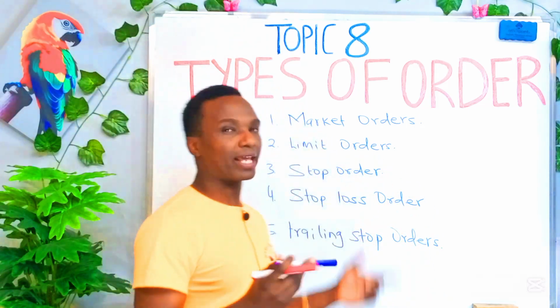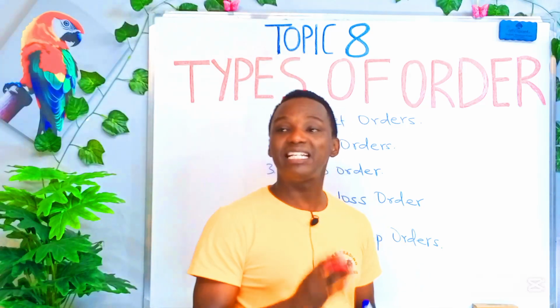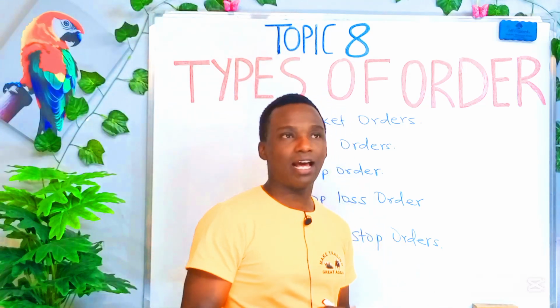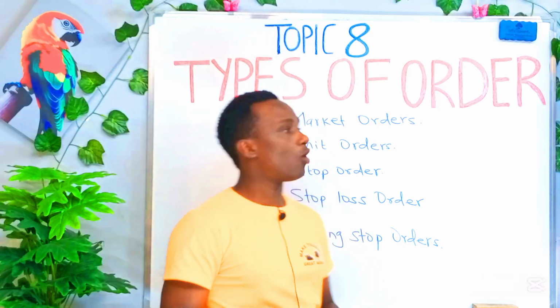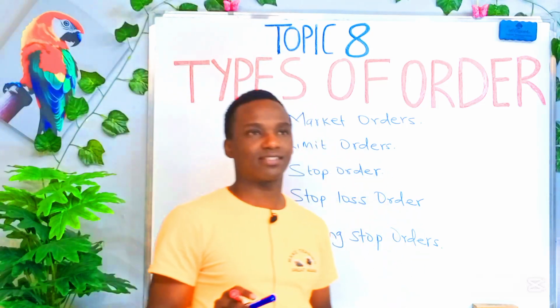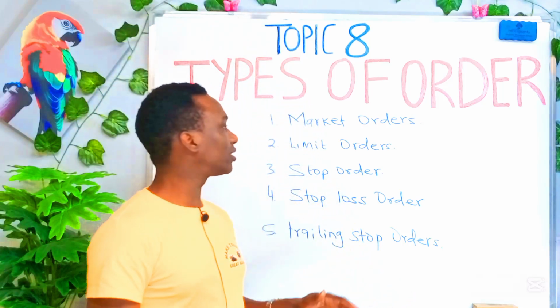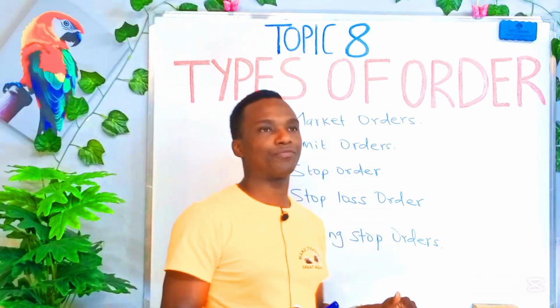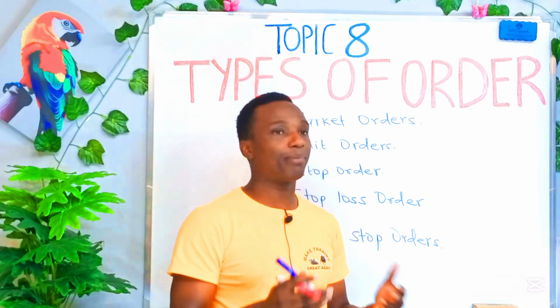Just to look at the market orders, they execute immediately at the current market price, while the limit orders and stop orders are used to specify desired entry or exit prices.